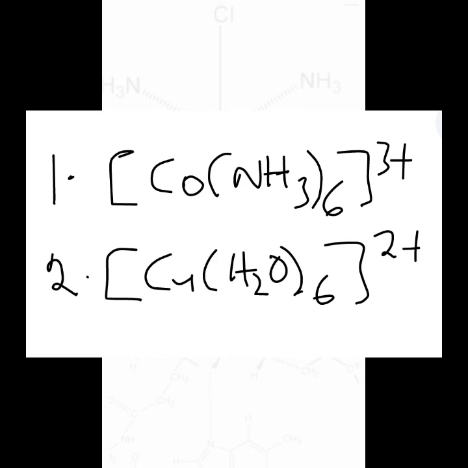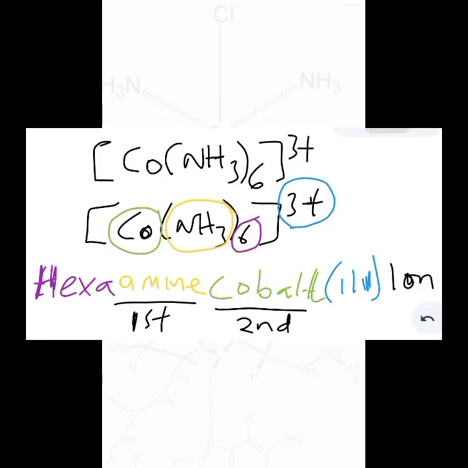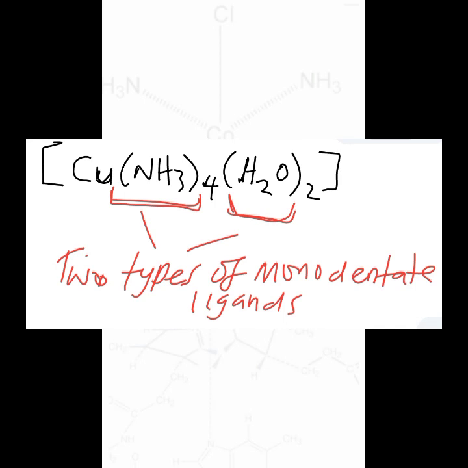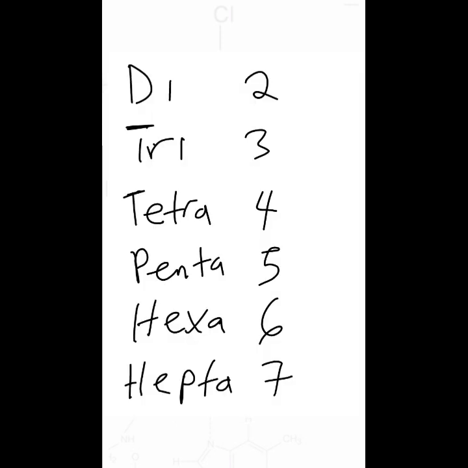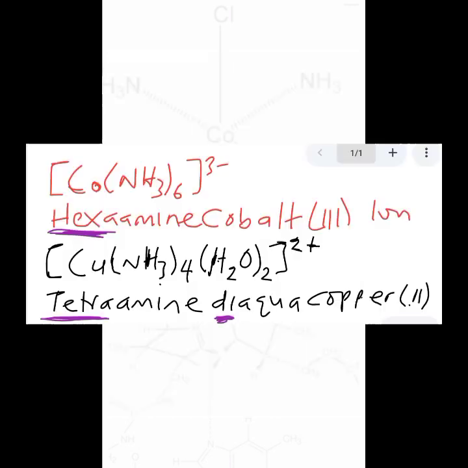In cationic complexes, ligands are always named before the central metal ion. When there is more than one monodentate ligand, prefixes like di, tri, tetra, penta, hexa, hepta, and so on are used to indicate the number of ligands.